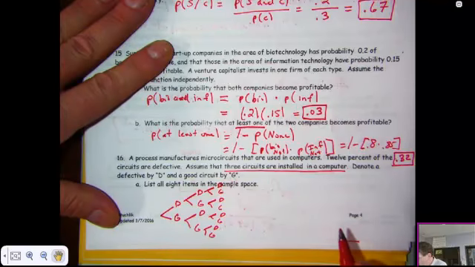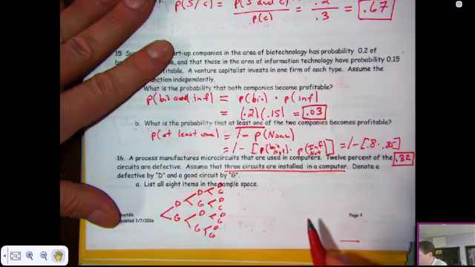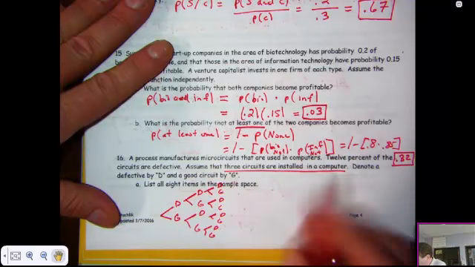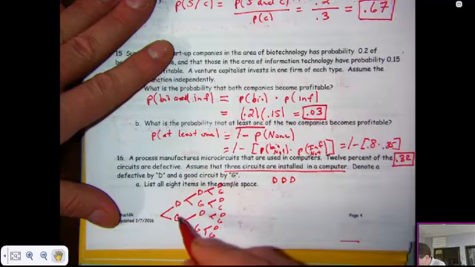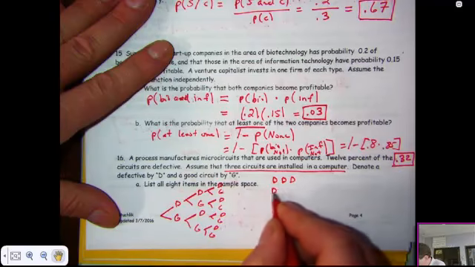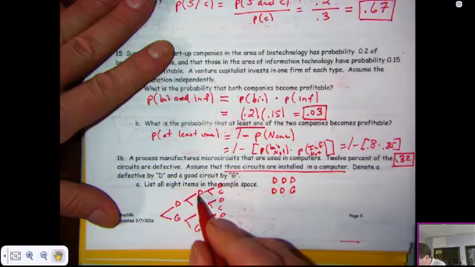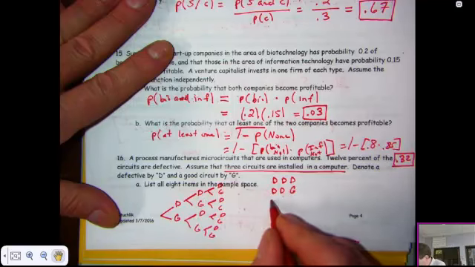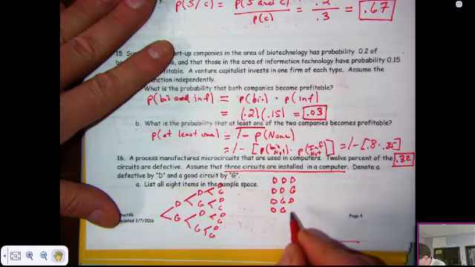A list of all the possibilities, right? If you just go through your tree, I'm just going to work it down. Again, the order doesn't matter. I could have all 3 defective, or defective, defective, good. That takes care of this top one. Defective, good, defective, or defective, good, good.